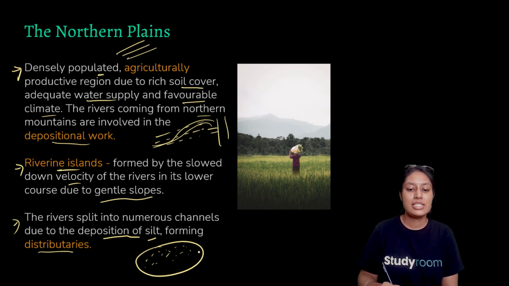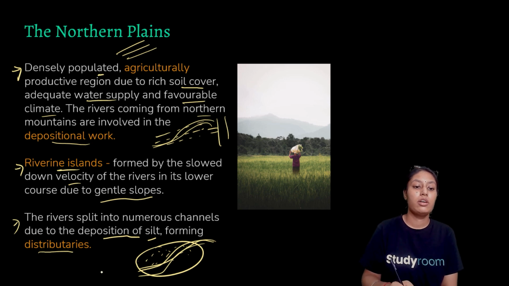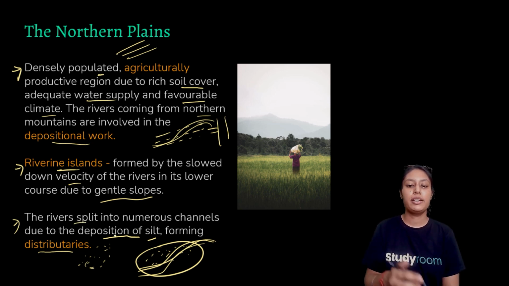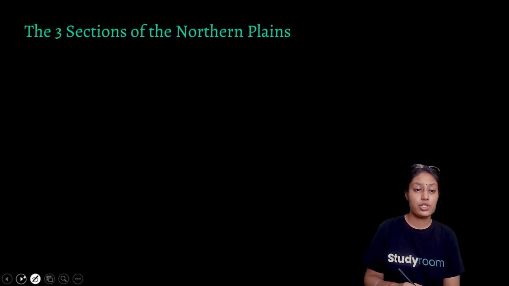Different types of soil are there, and due to the passing of the river, this formed deposition and distributaries, meaning this soil will flow with water and go somewhere else and make a space. Okay, so this is the river splitting into a number of channels. That is also a reason for being agriculturally rich.